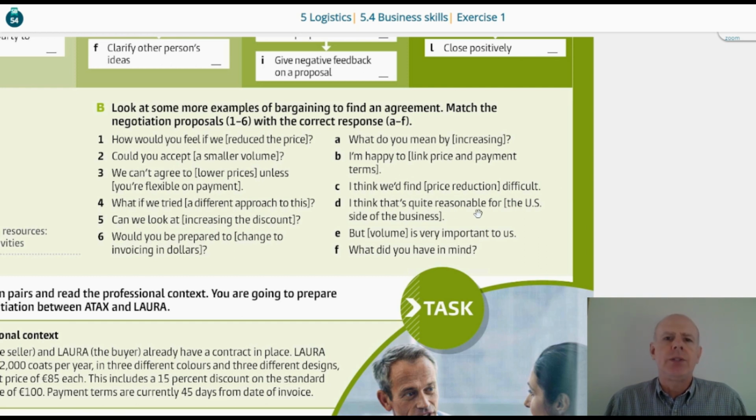I think that's quite reasonable for the US side of the business. But volume is very important to us. What did you have in mind? Oh, you are checking again, right? What do you mean by? And you can do that. If you want more details, you can ask for more details. It's fine. But let's see. Why don't you pause again and try to do the exercise, the matching. Try that.